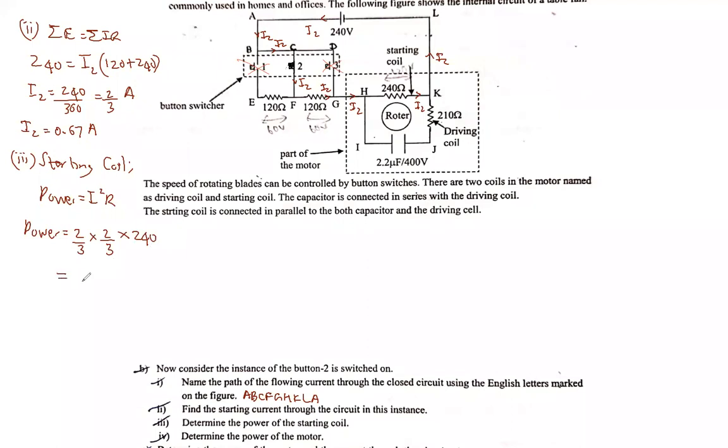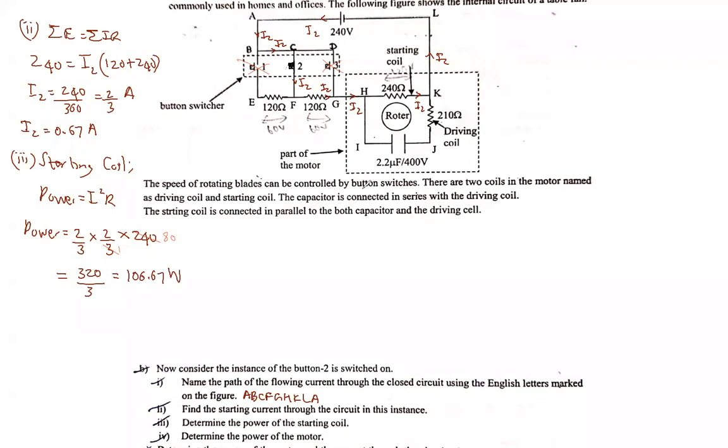What's the final answer? 3 and 240, we can simplify them and put an 80. Four into 80, that is 320 over 3, and that is equal to 106.67 watt.